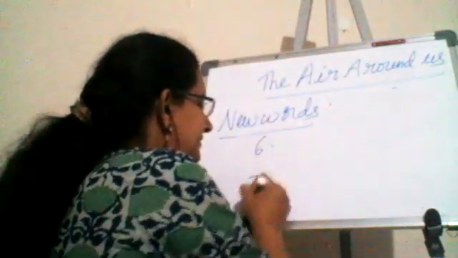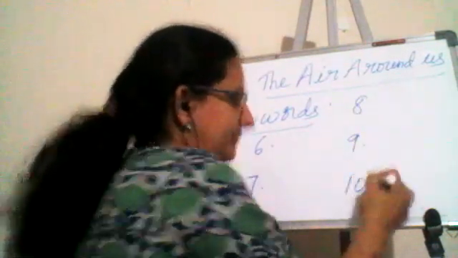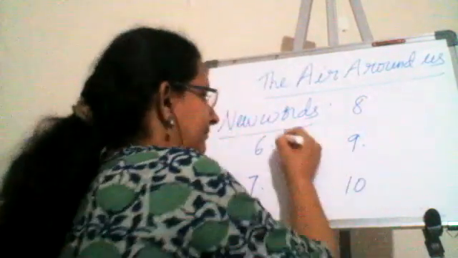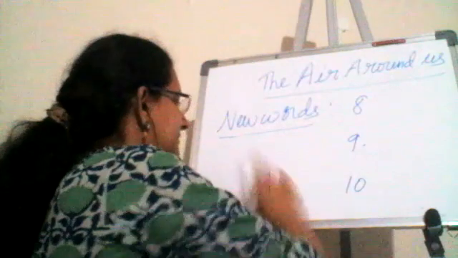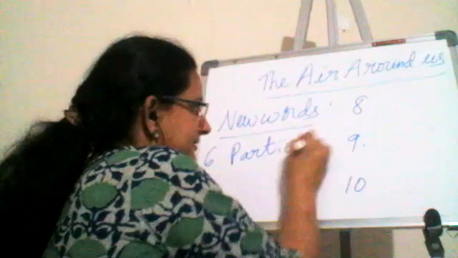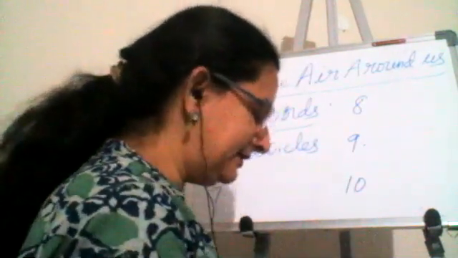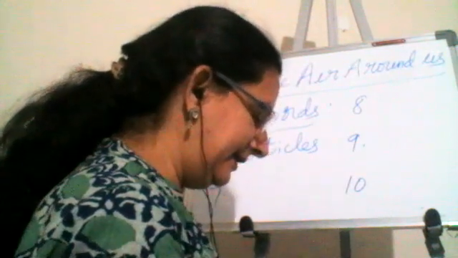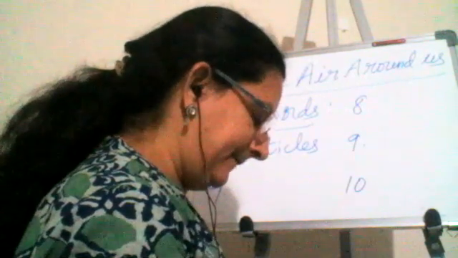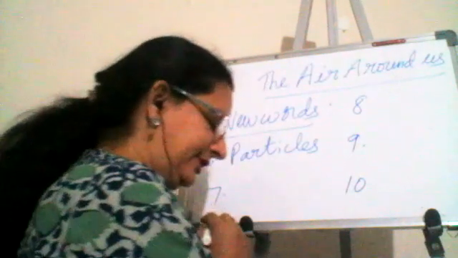Number 6, number 7, number 8, number 9, number 10. Now we write particles. Particles. Dust we already learned.